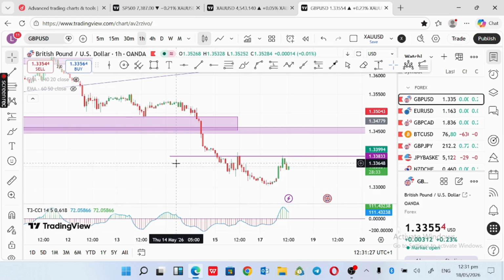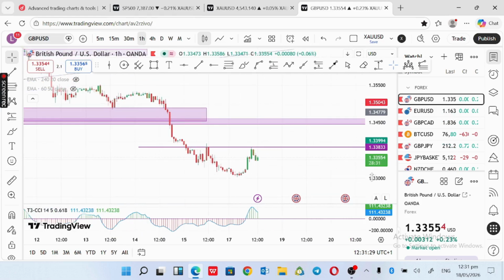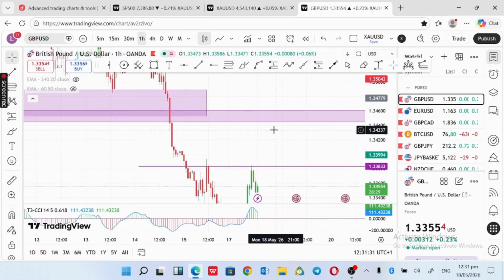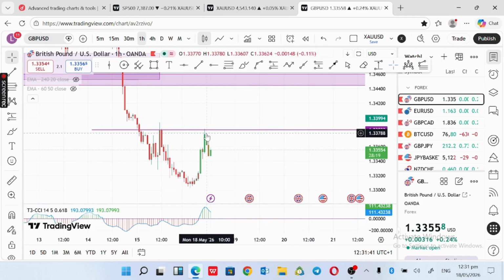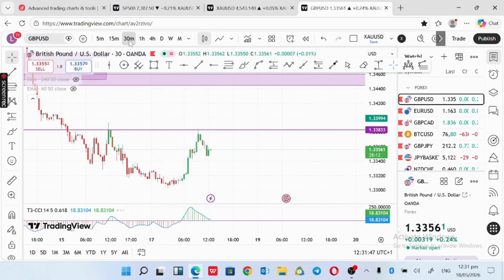But now we have a resistance level in a zone, where we noticed that there was going to be a retracement at 1.33833. So when it got to that level, the resistance actually respected. And once we noticed a candle confirmation of a drop from the lower time frame, the market started dropping.